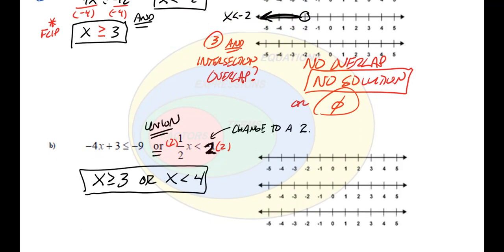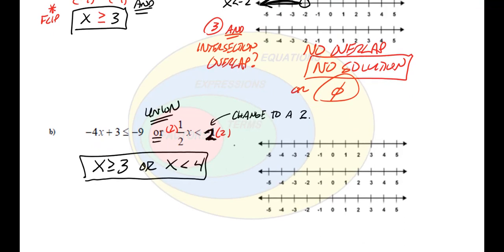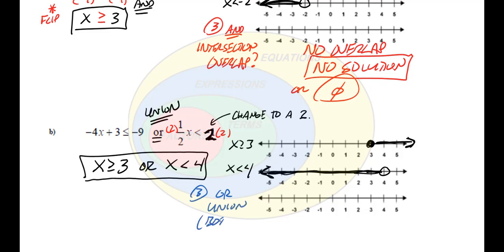So here are our two inequalities. Again, we're going to compare these inequalities. X greater than or equal to 3: here's 3, it would be a closed circle and everything to the right. And then x less than 4: well, 4 is here with an open circle and everything to the left. Now, in our step 3, we're looking for an OR connector, which is a union, which is basically both solutions.